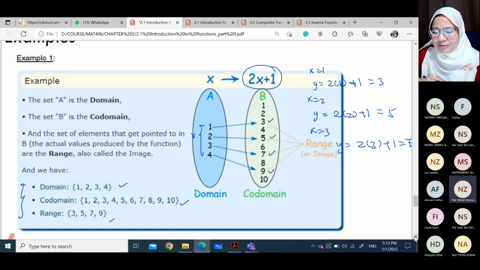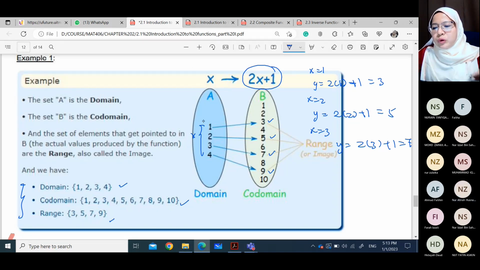Puan nak tanya. Boleh? Kita kena cari yang X dulu baru Y ke? Okay, thank you. Good question. Okay, so biasanya untuk domain ini diberikan. So maknanya dekat sini untuk domain nilai-nilai X kita boleh pilih apa saja nilai-nilai X. So X can be any real number.